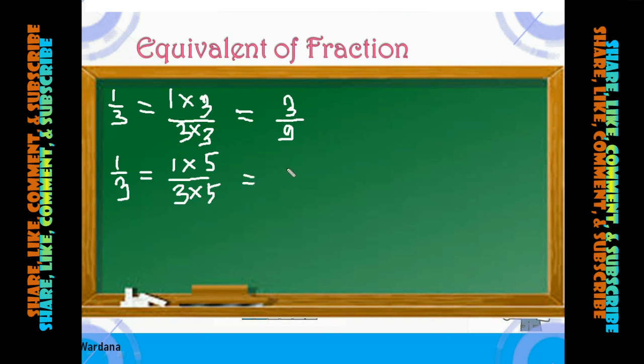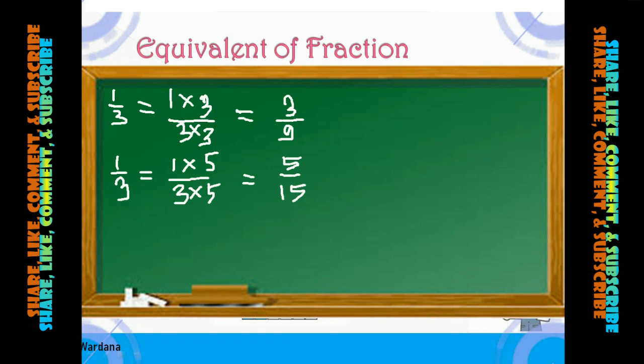And then, the answer is 5 as numerator and 15 as denominator. So, 5 per 15 is equivalent with 1 per 3. Do you understand? Good.